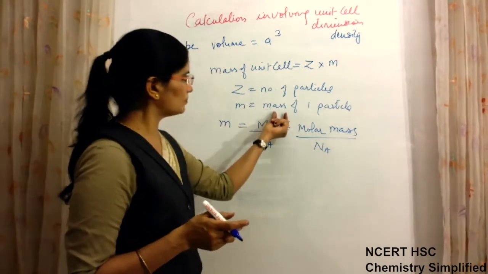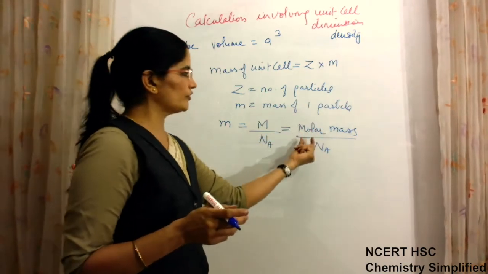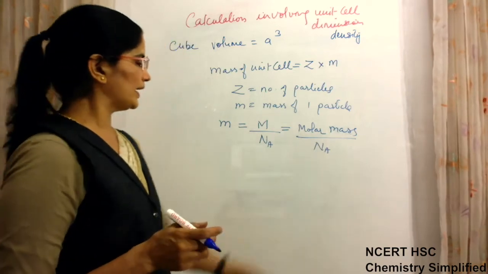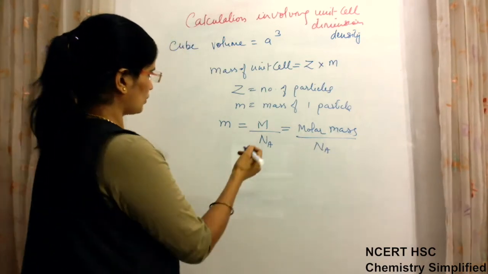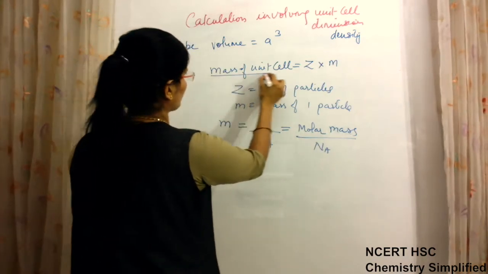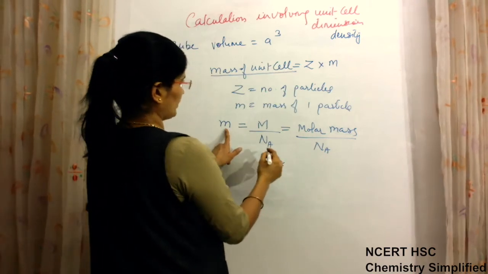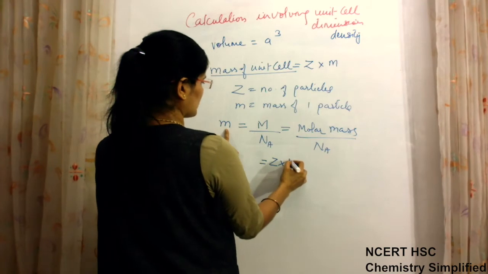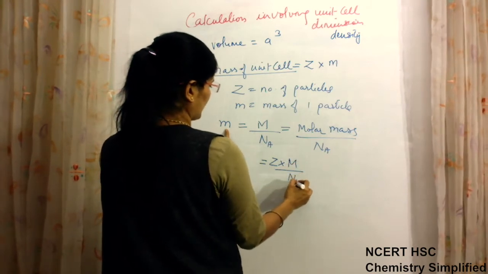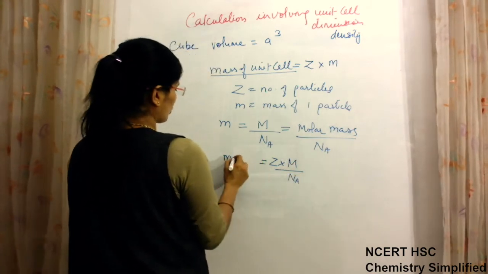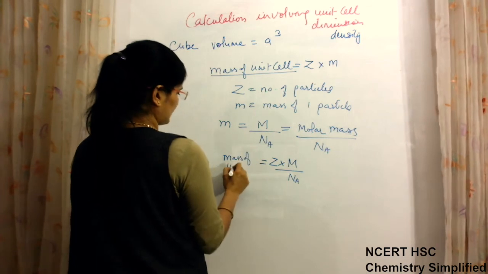So for one atom, the mass of one particle we want, we have to do molar mass divided by Na. Now that means the mass of the unit cell I can write as Z into, in place of M, capital M upon Na. This is the mass of the unit cell. Clear?